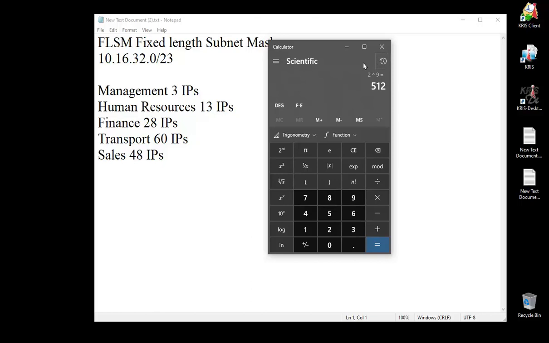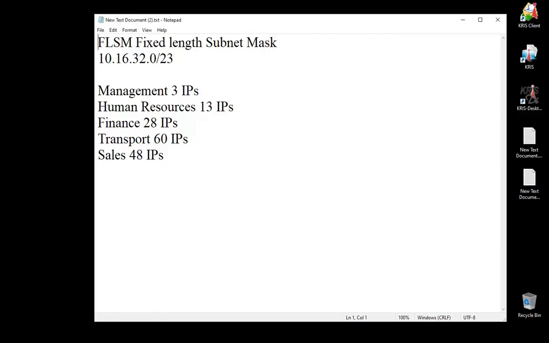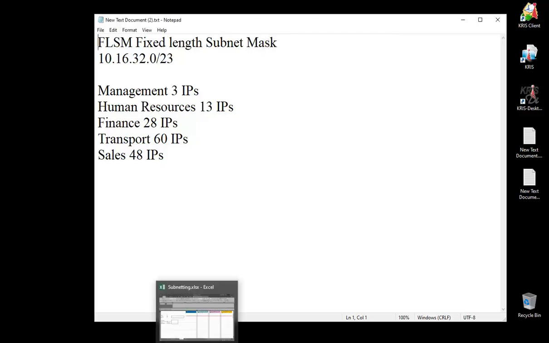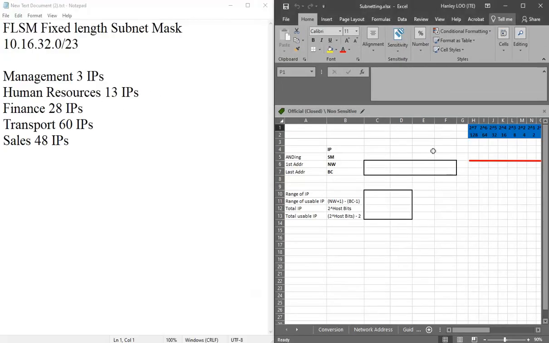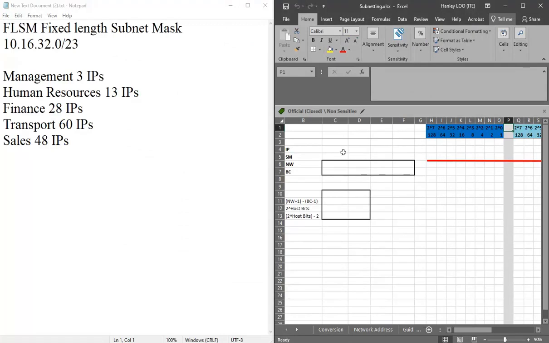But before we go on, in order to actually do the subnet calculation, let's just look at the conversion from the decimal dotted notation form to its binary form, so that later when we are working with the different calculations, it's much easier to work with.